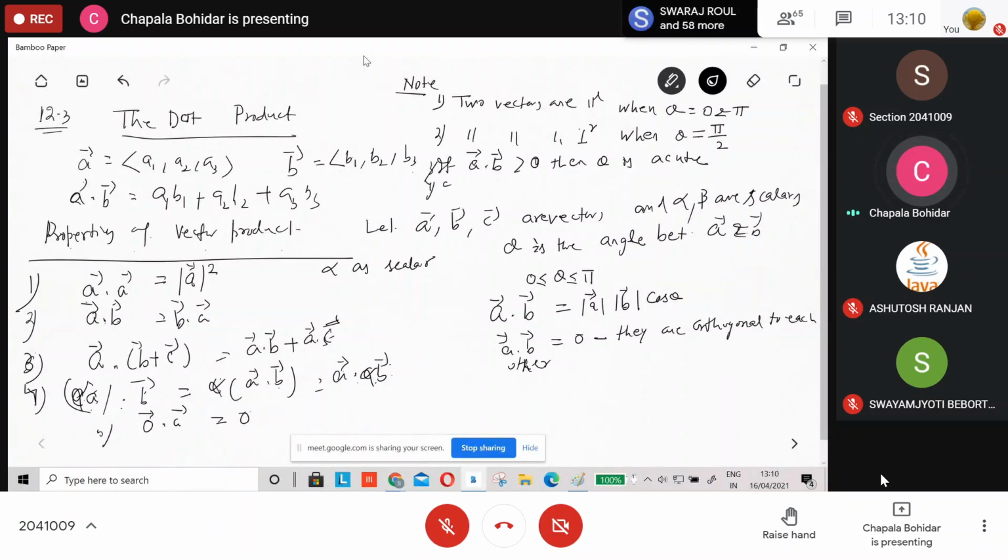Fourth is here: if A dot B is less than 0, then theta is an obtuse angle. Yes, obtuse angle.